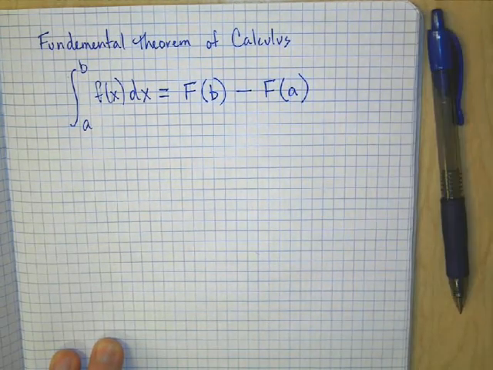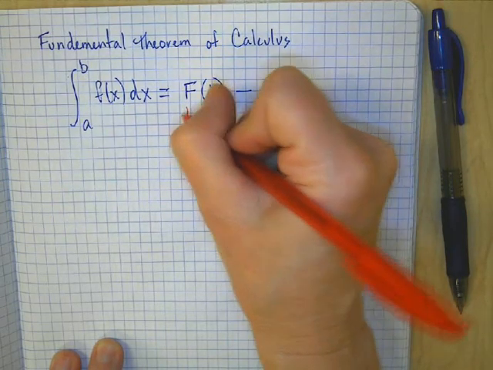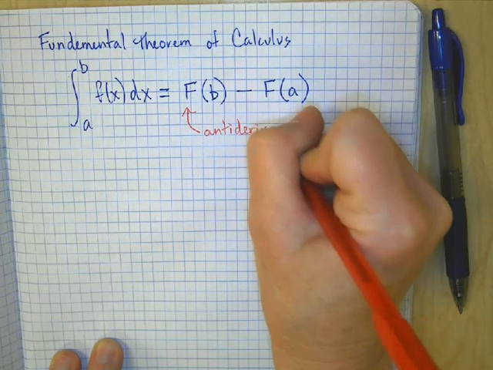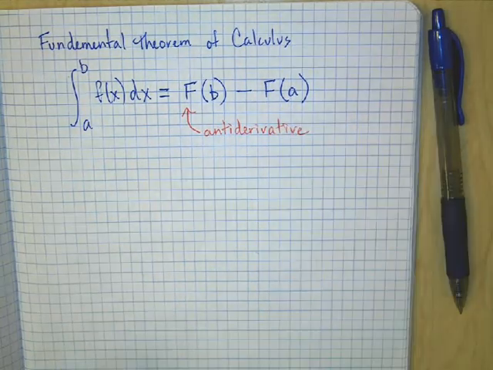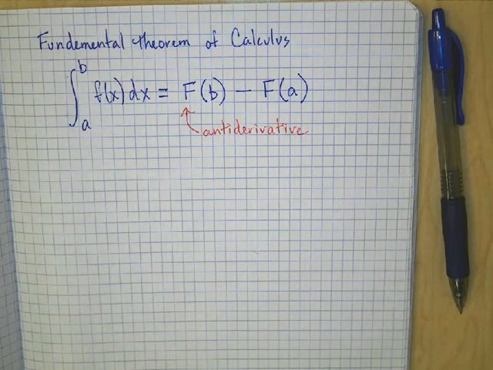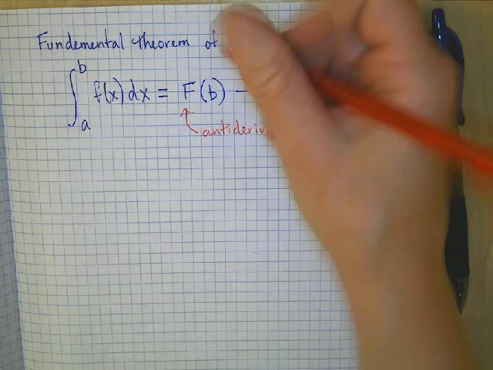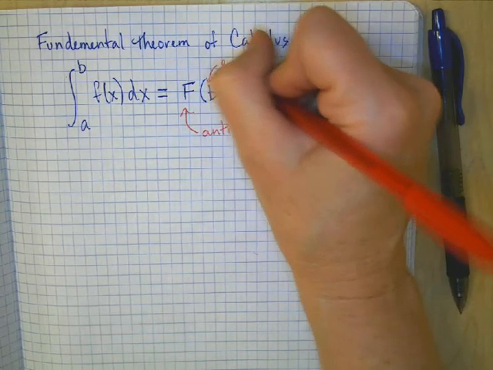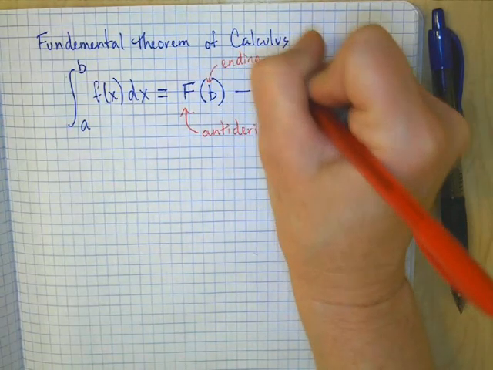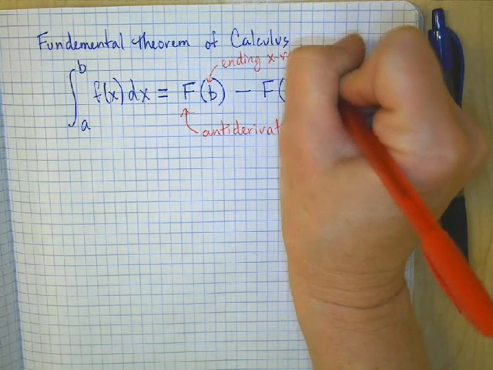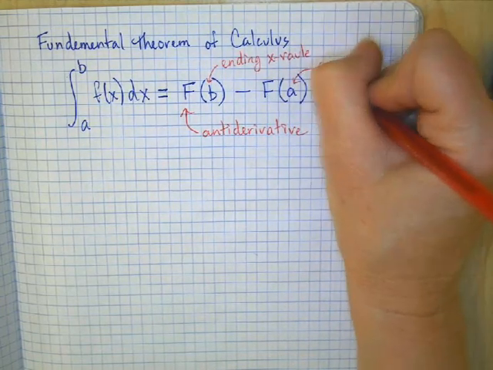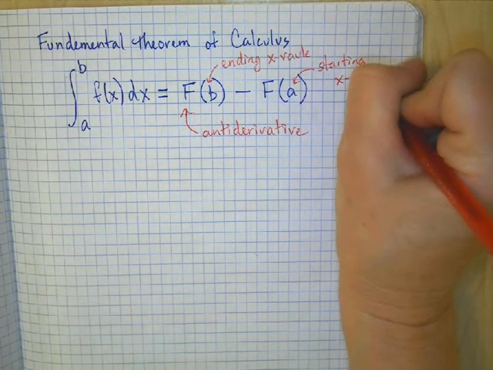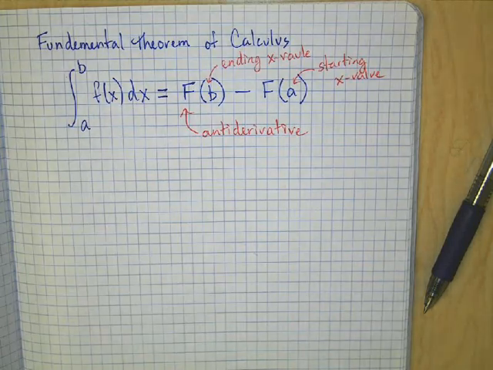Okay, so remember that capital letter F is the antiderivative. And the b is where it ends, the ending x value, and the a is the starting x value. And that is the fundamental theorem of calculus.